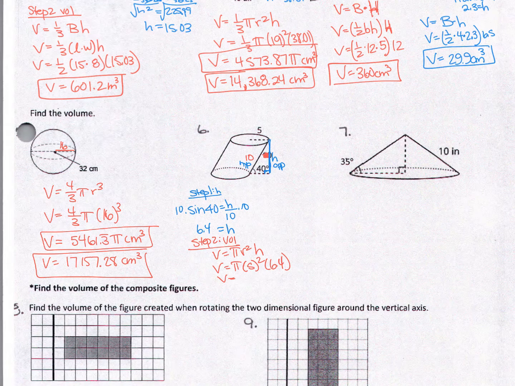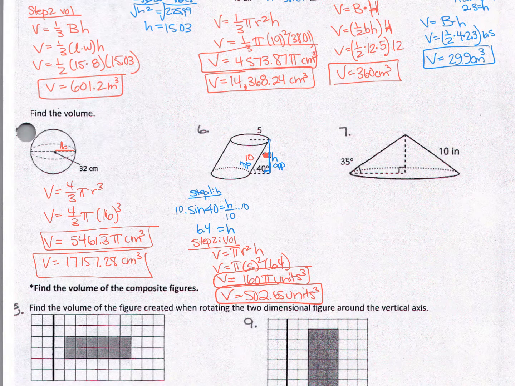So the first thing I need to do is my 5 squared, which is 25, multiply by 6.4, and then I get 160. So you could write this as 160 pi units cubed, or if you want to multiply by the pi, we're going to get 502.65 units cubed.